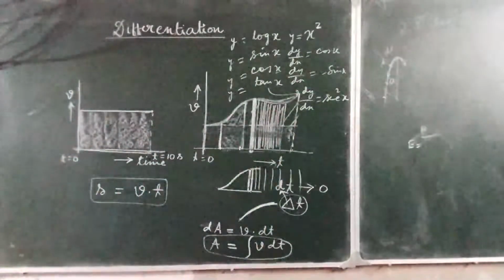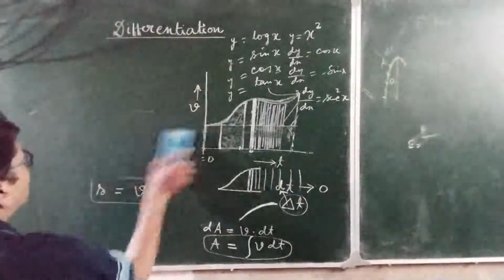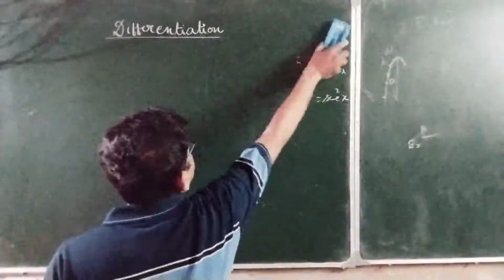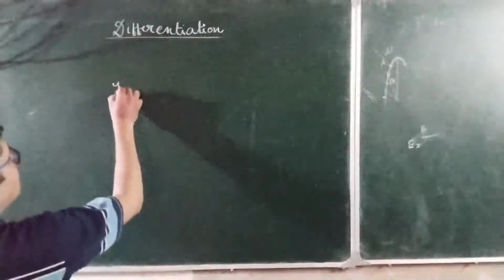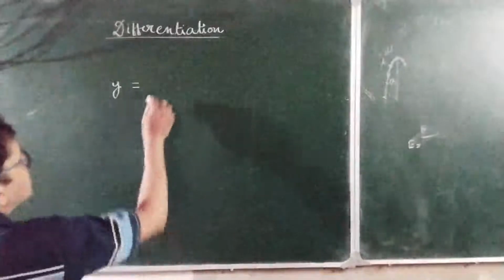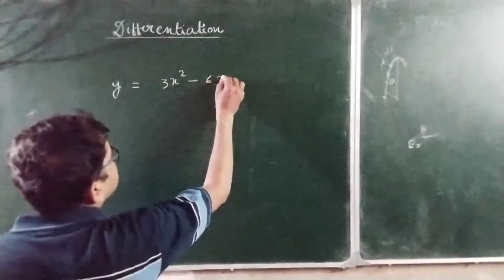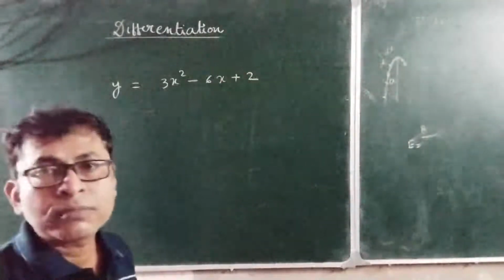Now, there are various other types of applications of differentiation in mathematics, in physics. Like if the displacement of a particle is represented by this type of function, then what will be its velocity?